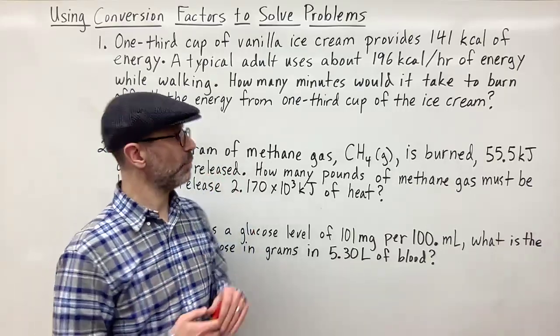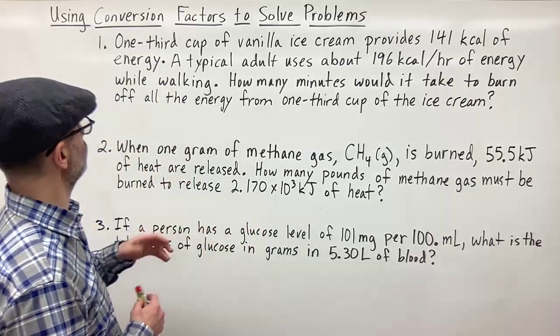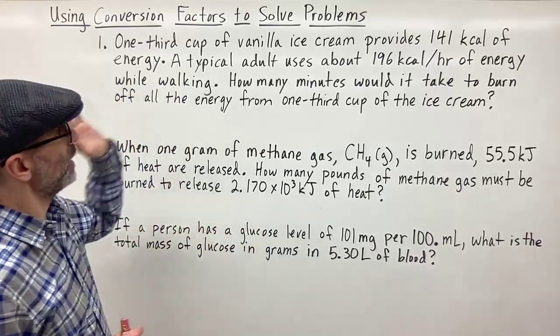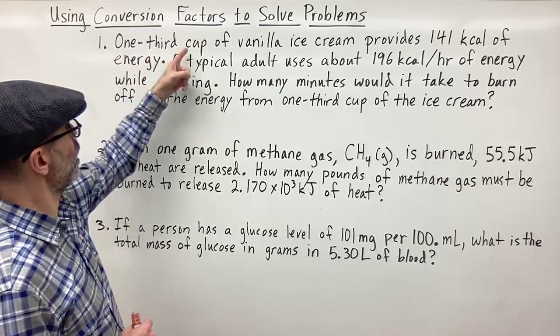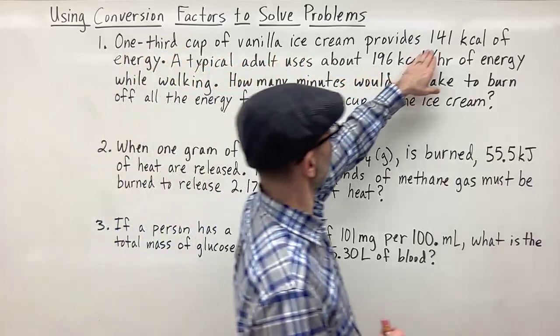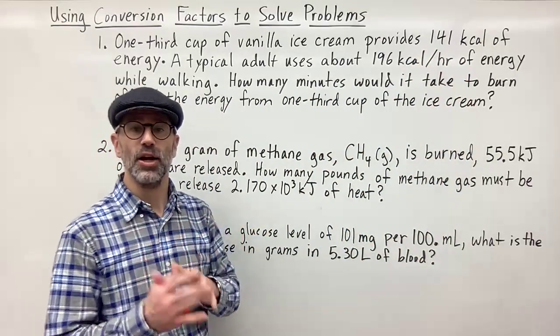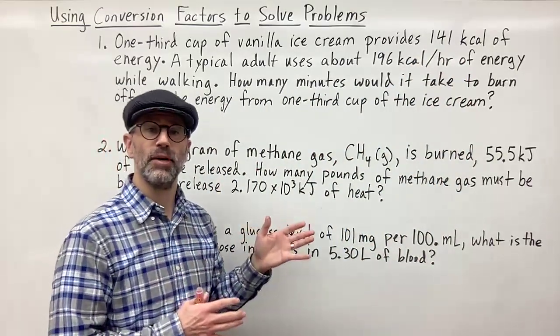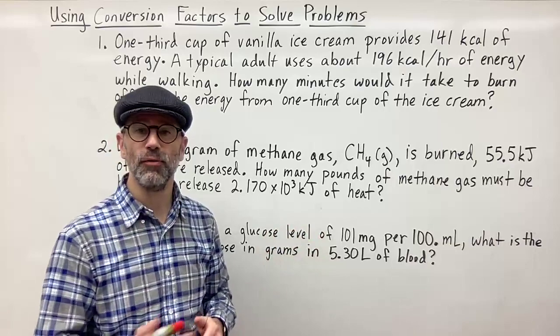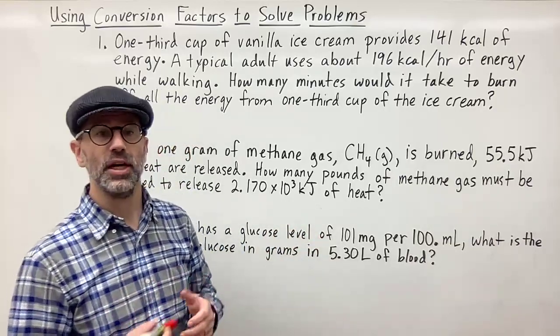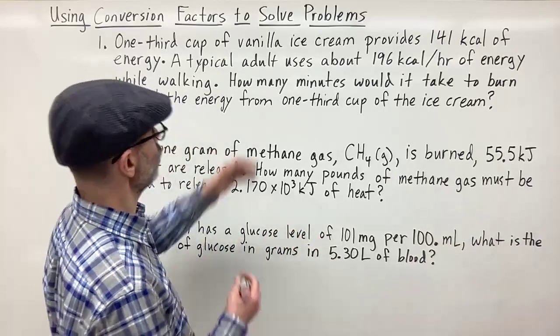So let's look at the problem and see if we can pull out any conversion factors. So it says that 1/3 cup of vanilla ice cream provides 141 kilocalories of energy. So there's a relationship there. So I know that 1/3 cup of the ice cream is equal to 141 kilocalories of energy. So that's going to be important.